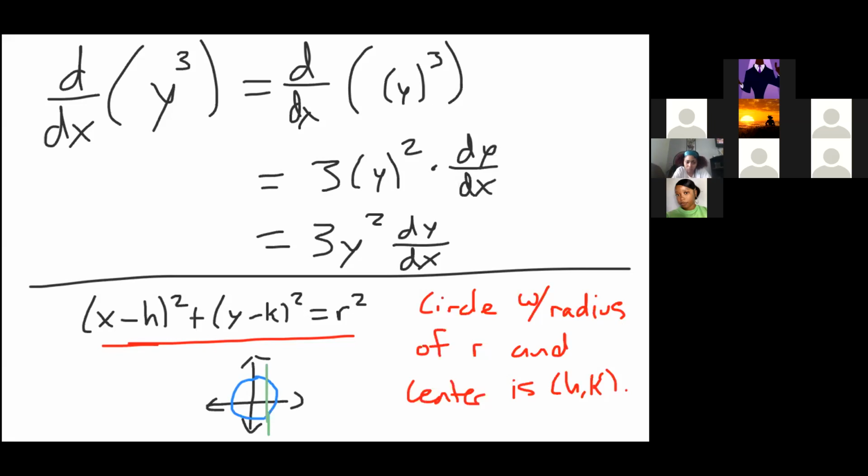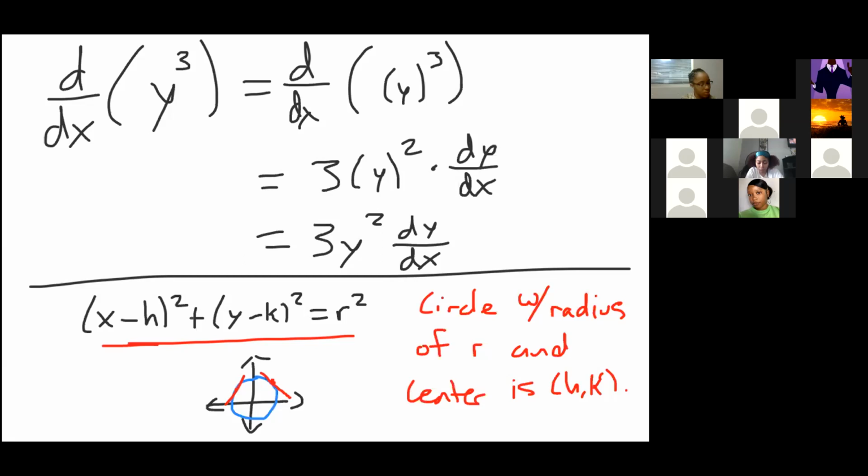However, with that circle, I can still draw tangent lines at various points, which indicates that I can probably find a relationship for how y changes with respect to x, but instead of depending only on my x value, it's going to depend on both my x and y value. So we can still differentiate things that are not explicit functions but implicit functions.